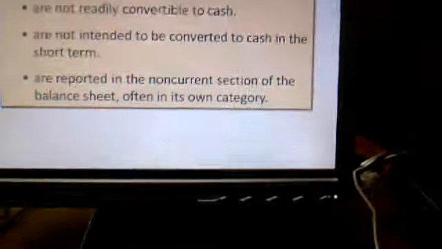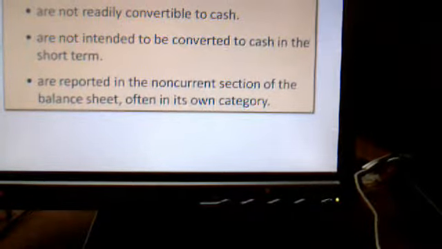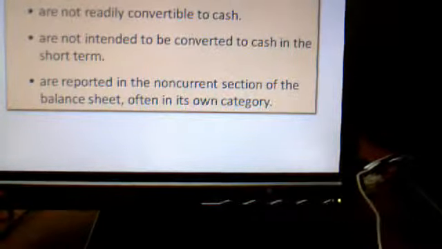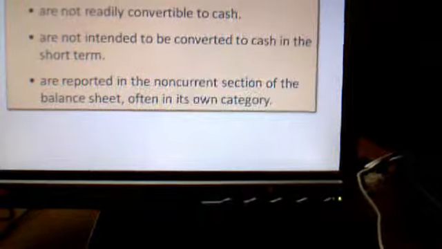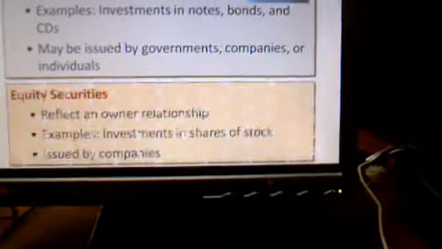Long-term investments are not readily convertible to cash, and so they're listed in the non-current or the long-term section of the balance sheet, and normally has its own category.